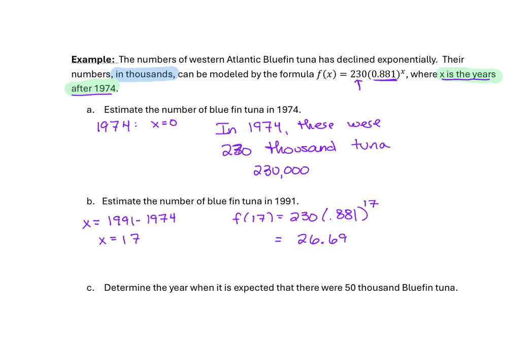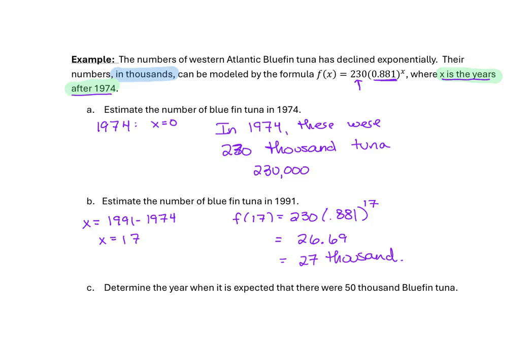I don't know what we're supposed to be rounding to, but let's say this is approximately 27,000. And of course, when you're doing your homework, make sure that you pay attention to what it wants in terms of rounding, and whether we write it in digits or can just add the word thousand.